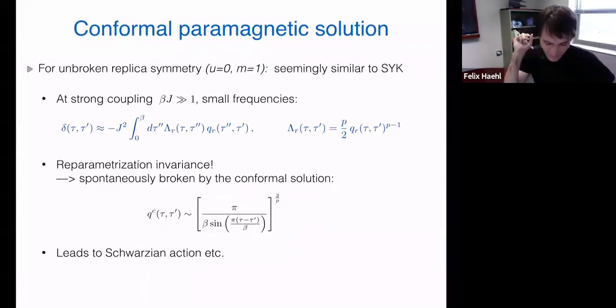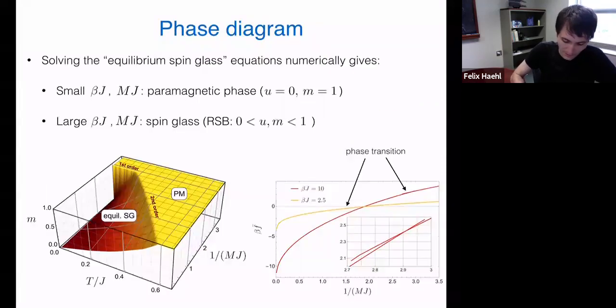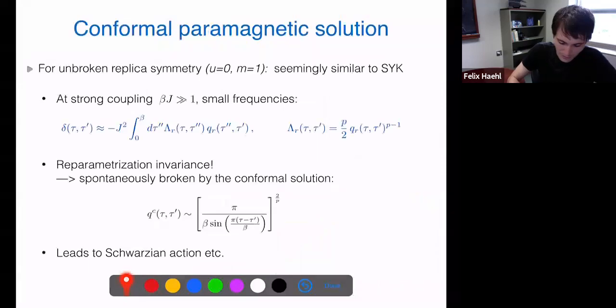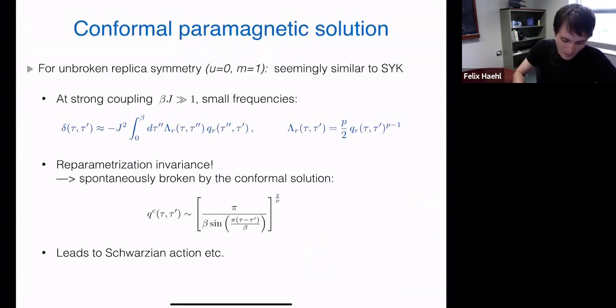Now let's get to this reparameterization symmetry. And before I talk about the spin glass phase, let me briefly talk about the paramagnetic phase. So the phase up here where u is 0, m is 1, and we're not in this glass phase.